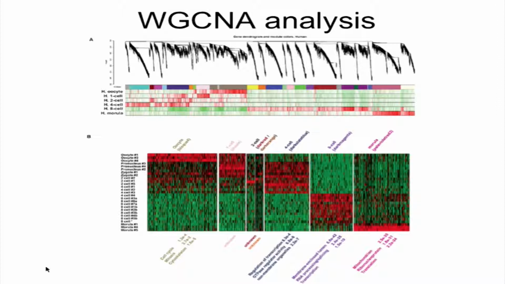And now, different from our conventions, the genes are columns. So for example, here's this BISC4 module, and all of its genes are highly overexpressed at the oocyte stage, and then they are underexpressed in later stages.